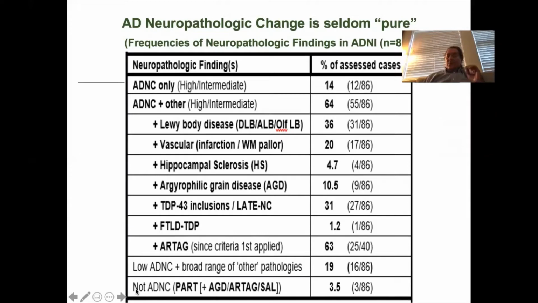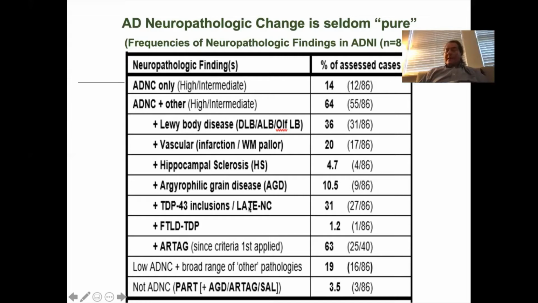And this points out a real weakness that we have in our field right now. We can measure amyloid, we can measure tau, we can measure neurodegeneration with MRI. We have no way to detect Lewy body disease or alpha-synuclein with a biomarker. We can't detect TDP-43 right now with a biomarker.